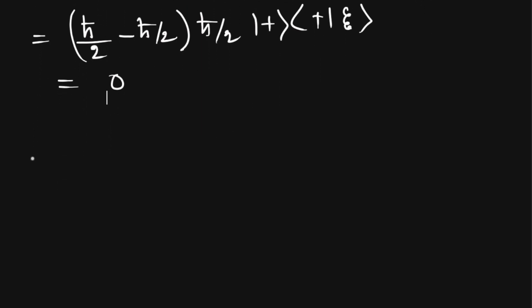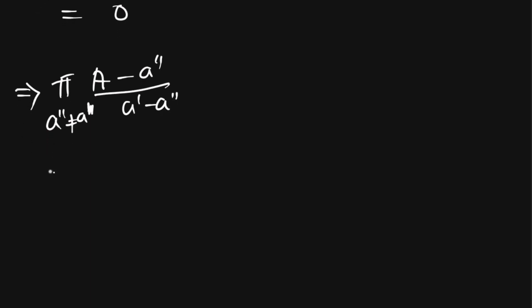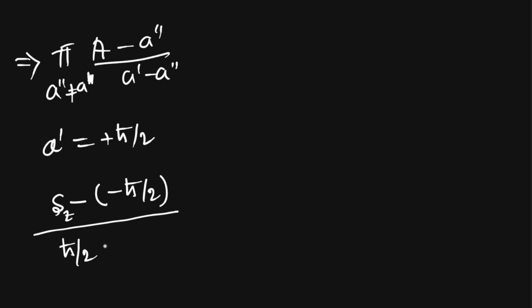Now let us check the operator, the multiplication over a double prime not equal to a prime, of (A - a double prime) over (a prime - a double prime). Now first let a prime equal to plus h cut by 2, then a double prime will be minus h cut by 2.